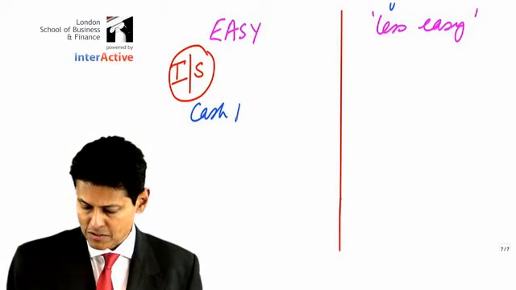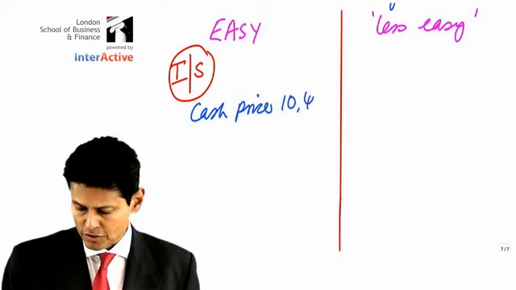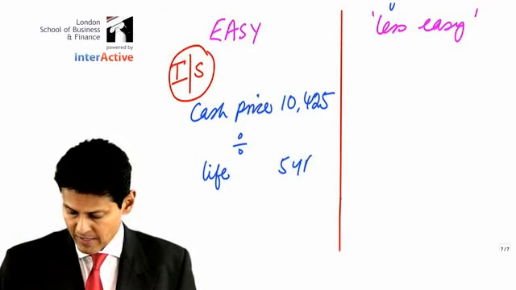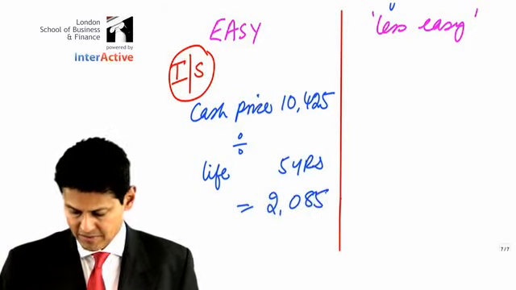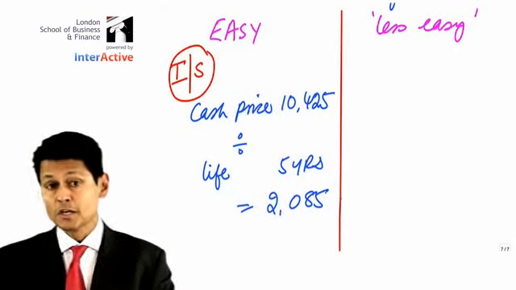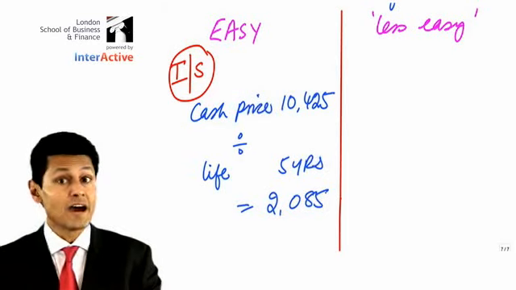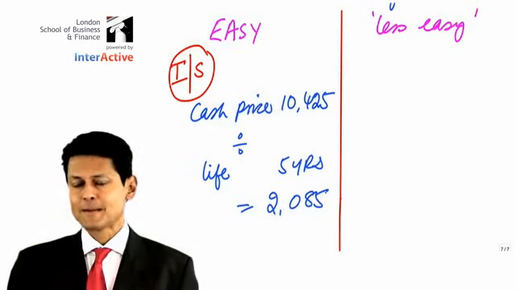You have your cash price, which you remember was 10,425, divided by the life, which is 5 years, and that's 2085. So unless the question tells you otherwise, assume that the contract term, 5 years, is the same as the asset's life.